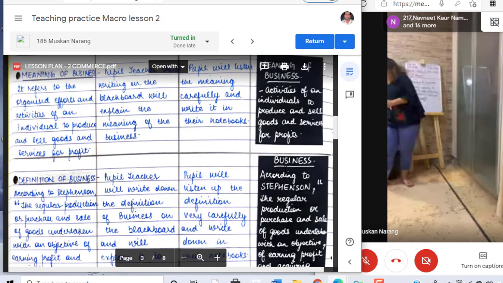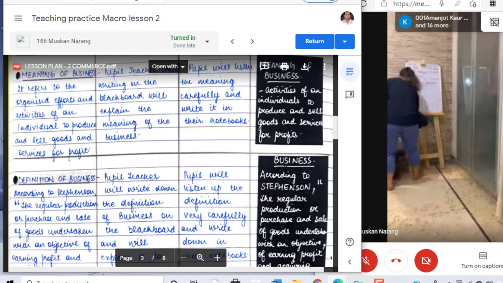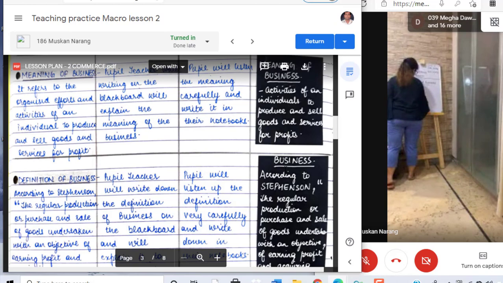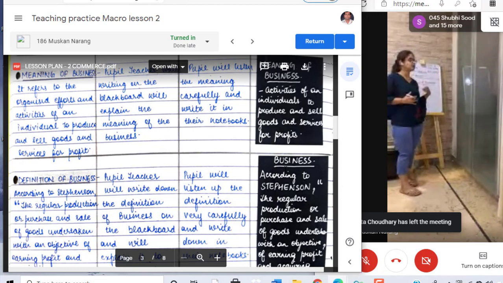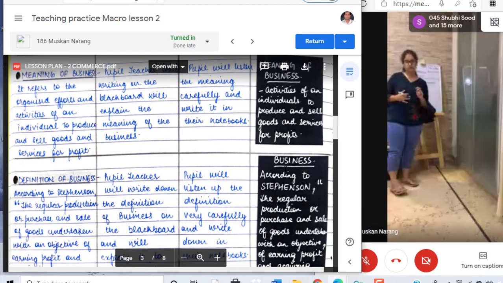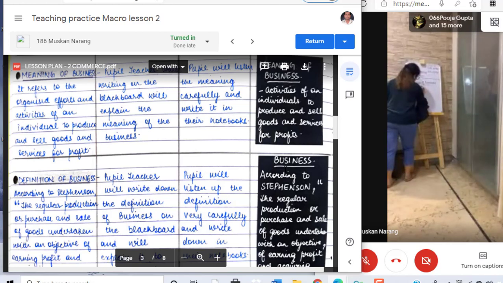Now, moving ahead, we are going to talk about the definition of business. Many experts have given their own views with regard to the definition of business. So here I am going to talk about the definition given by Stephenson.